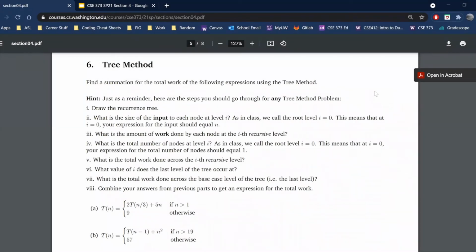All right, hi everyone. Just picking up where Alison left off, we're going to continue working on 6A, working with this particular recurrence relation to find a summation for the total work using our tree method. On part 5, we are asked for the total work done across the ith recursive level.